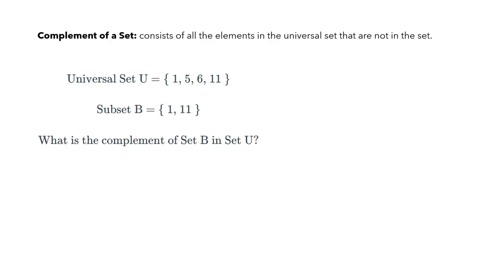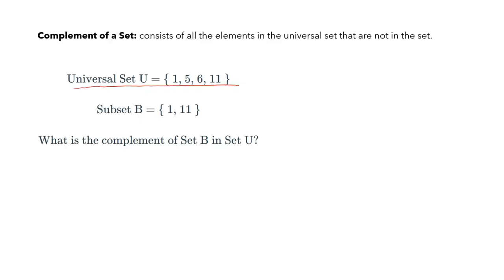And so if I have a total set of numbers, in this case my universal set is pretty small. It's 1, 5, 6, and 11. The complement are all the elements that are not in that set.